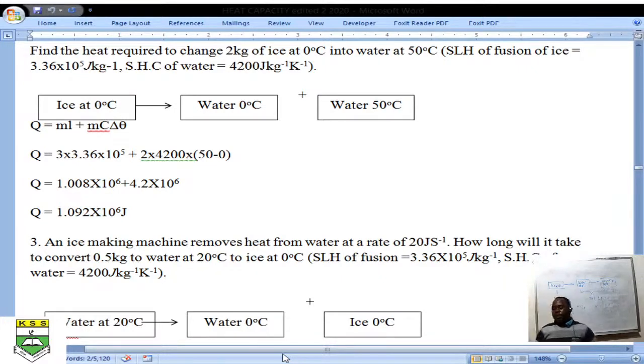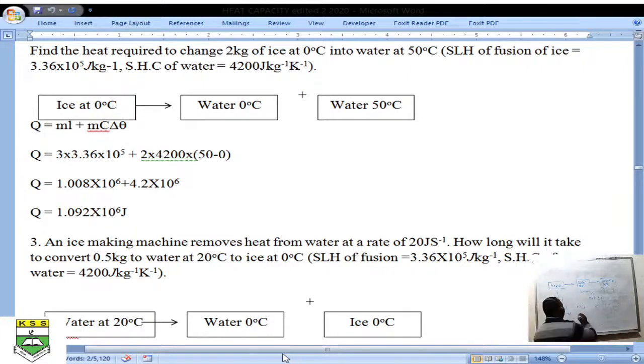Specific heat capacity of water is 4200. So here we shall have our mass of this water. The very water, the 2 kilograms of the ice are the ones that are becoming 2 kilograms of what? Of water. Please, I want you to make some correction there.